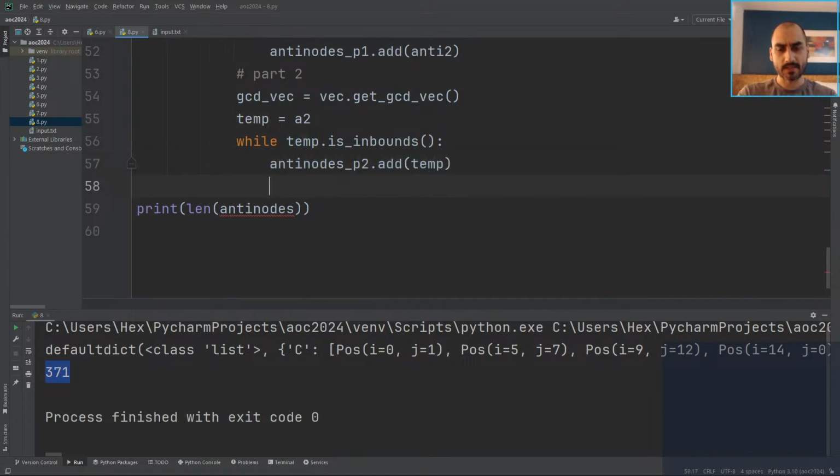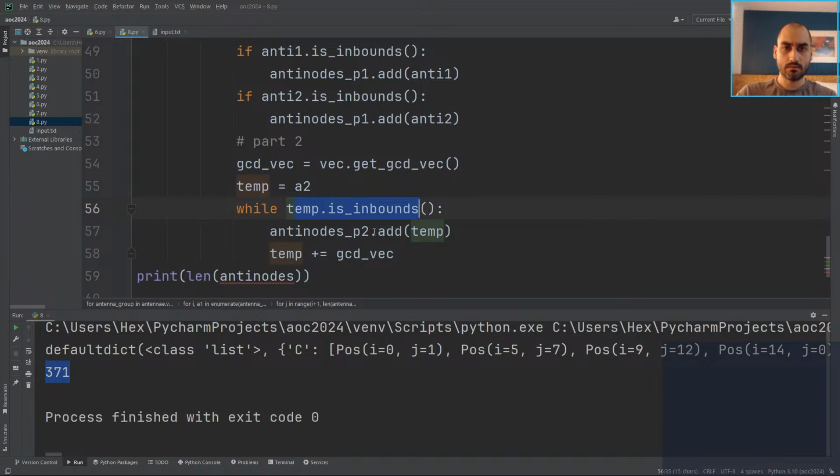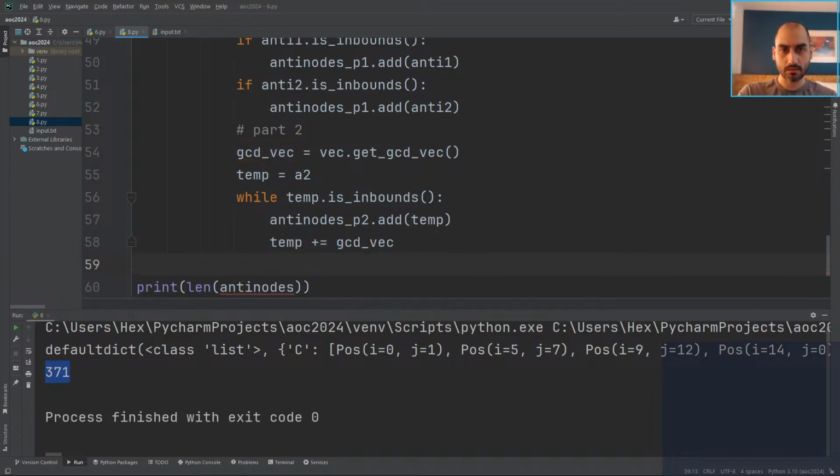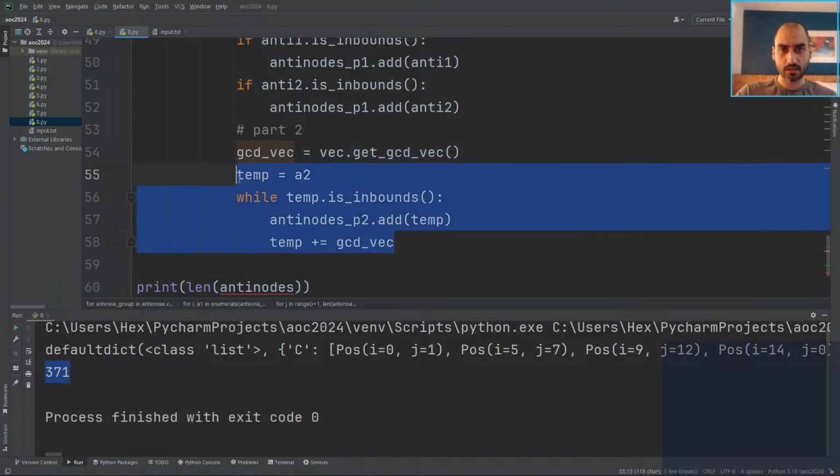And then we want to say temp plus equal GCD vec. Just do that a bajillion times, probably won't be that many, and then just do the whole thing again.